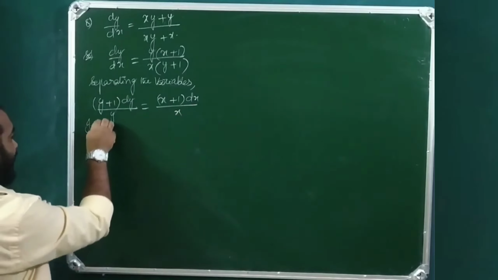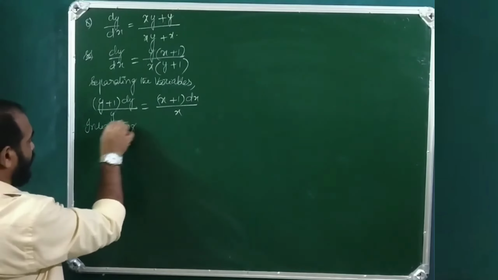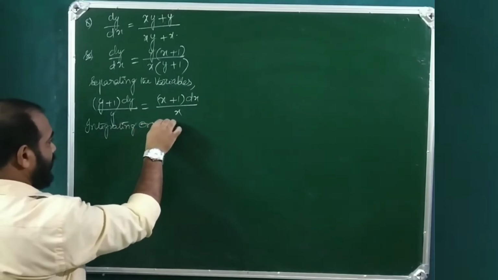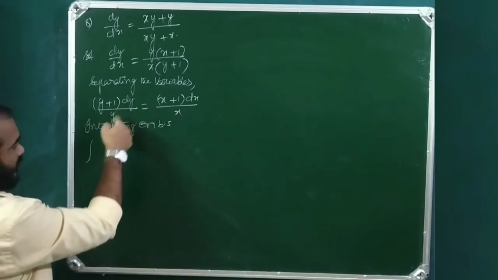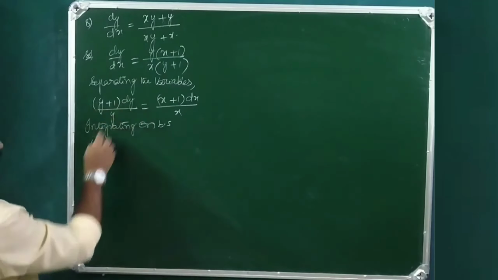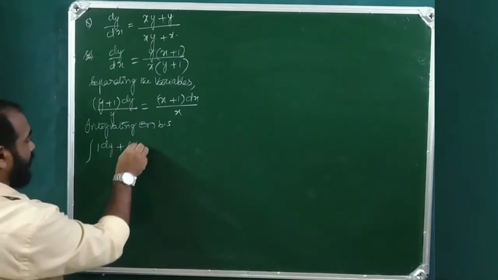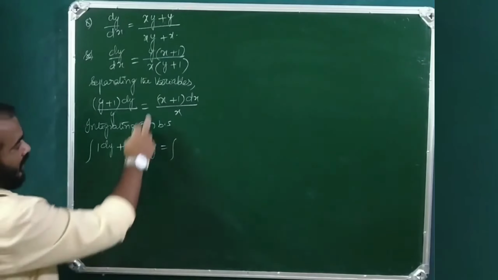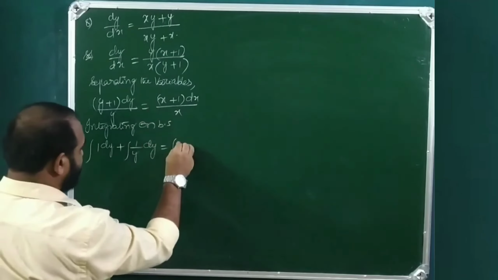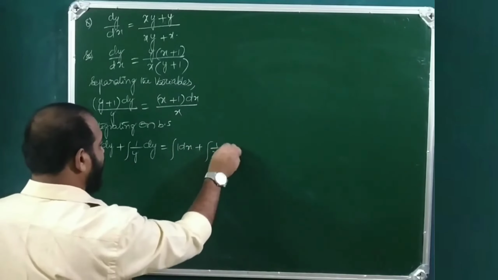Integrating on both sides. This is equal to (y plus 1) dy by y. So y gets cancelled: 1 dy plus 1 by y dy is equal to, x gets cancelled: 1 dx plus 1 by x dx.